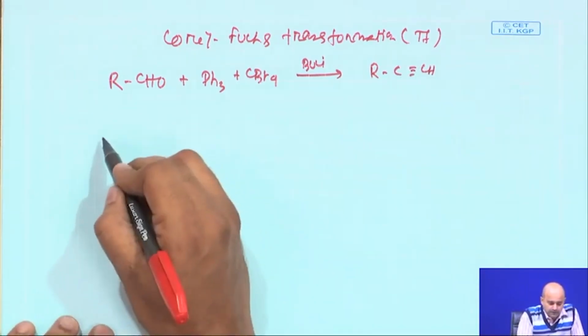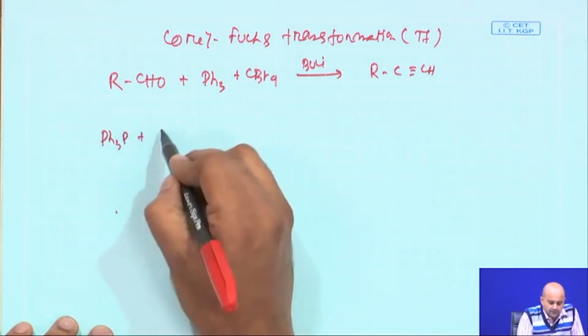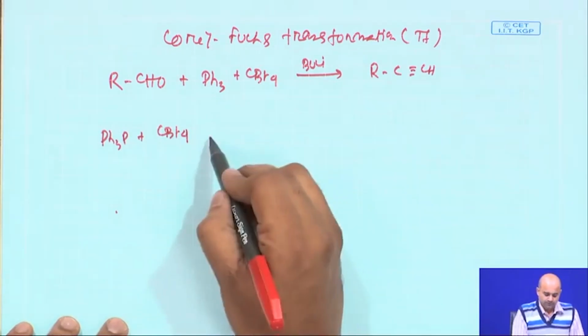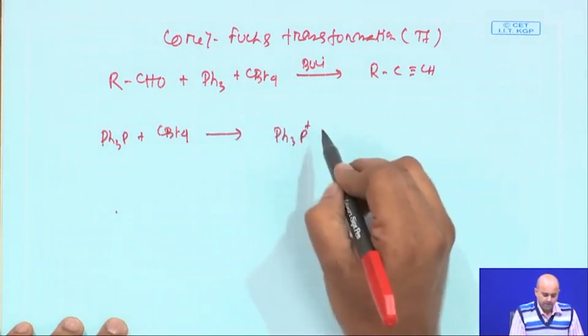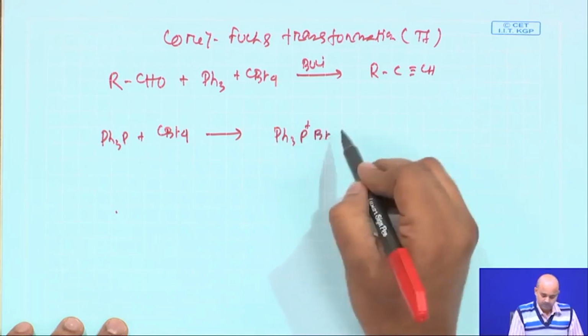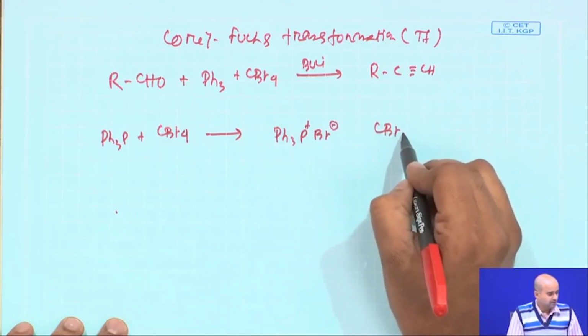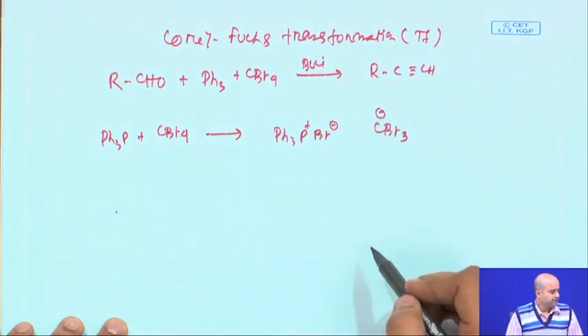Now, how does this reaction take place? Initially it is a Wittig type of reaction. Triphenyl phosphine and CBr4 react to give Ph3P+ Br-, and CBr3- is also generated.